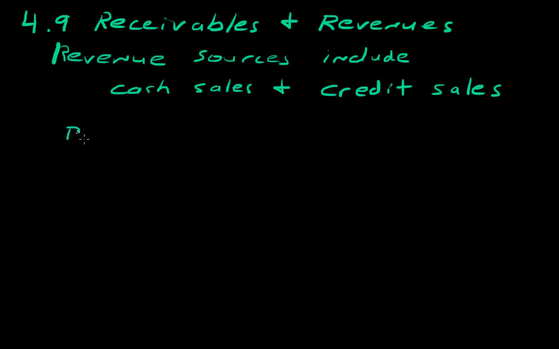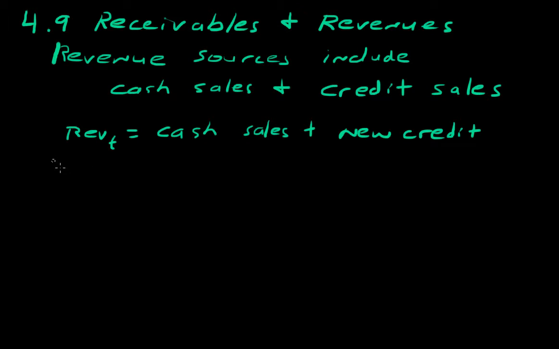When we're talking about revenue, we've been abbreviating it as rev. Breaking this into a formula, revenue equals cash sales plus new credit, to the extent that we extend credit to our customers.